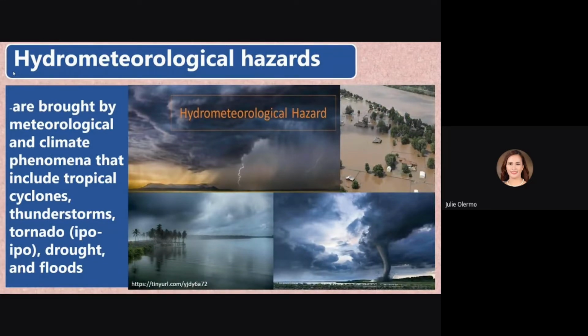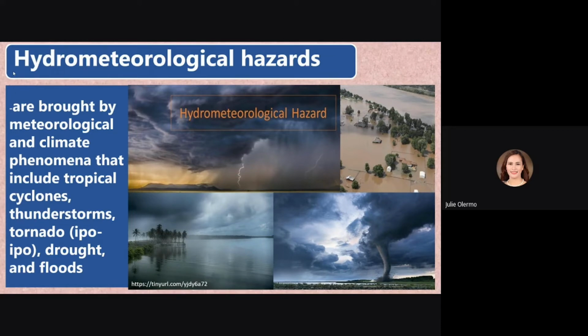hydrometeorological hazards. What is your understanding of hydrometeorological? Hydro means water. Meteorology is a branch of science dealing with the atmosphere and its phenomena, including weather and climate. The word phenomena means remarkable event.